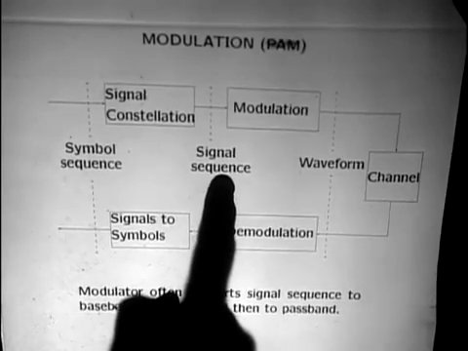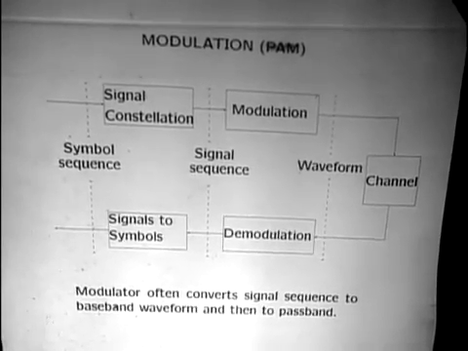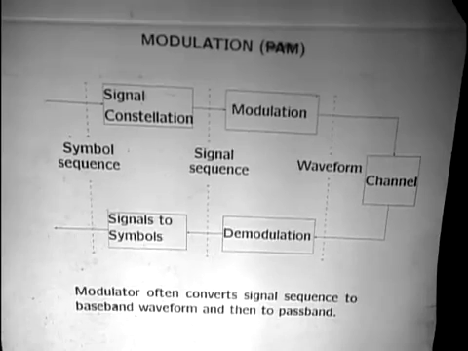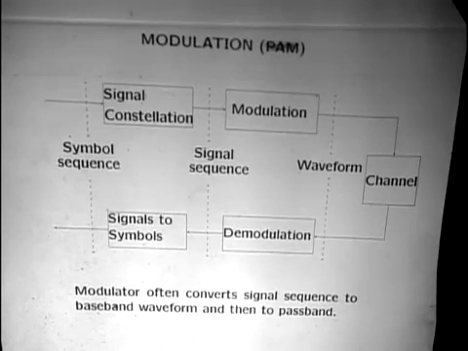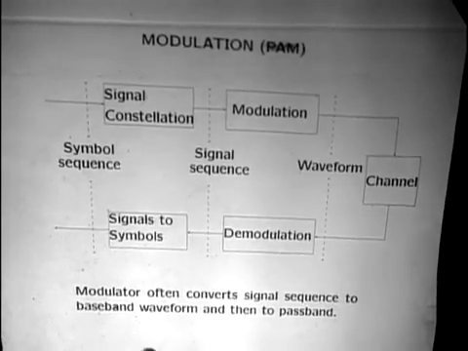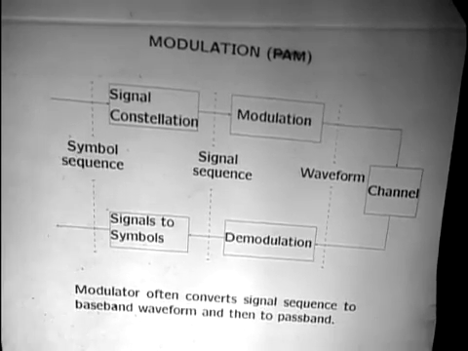Now notation in the field is totally non-uniform because most people use symbols and sequences and waveforms and binary n-tuples all totally synonymously. And the distinction we'll try to make here is that symbols are things like binary digits that don't have any numerical meaning to them.